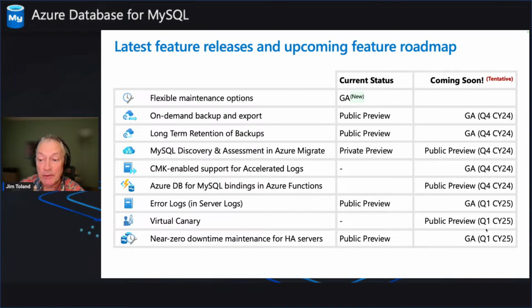And finally, a couple of maintenance-related features, both with the next milestone in Q1 of calendar year 2025. First, we have a virtual canary. With this new feature releasing in preview, you can opt your dev, testing, or staging servers to be in this virtual canary environment.